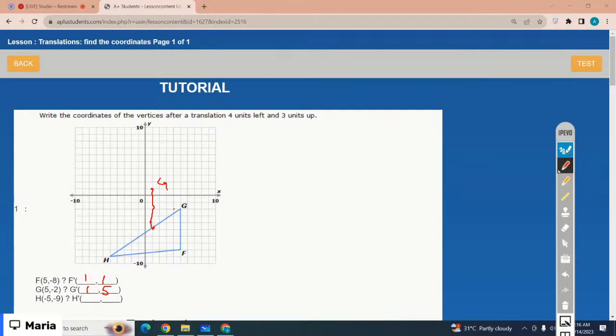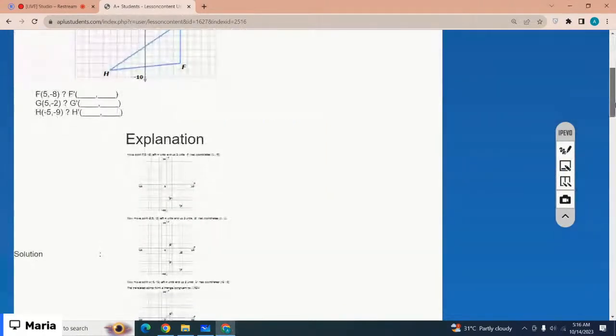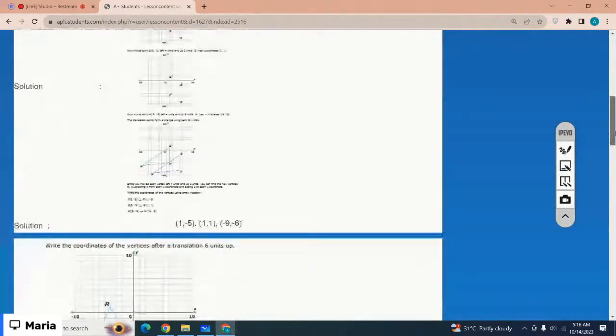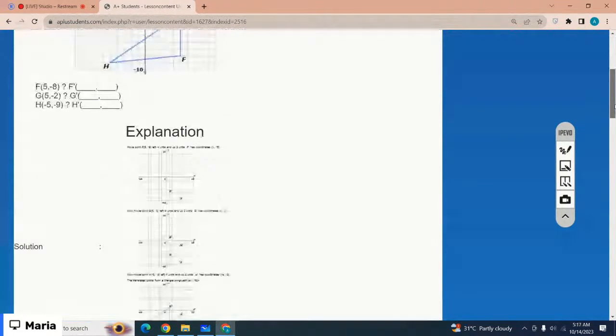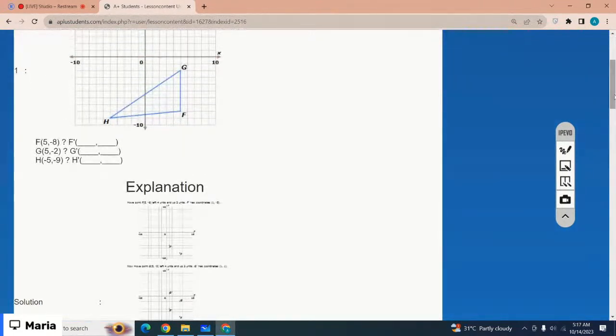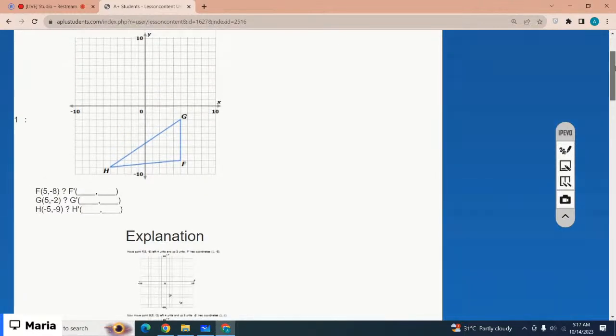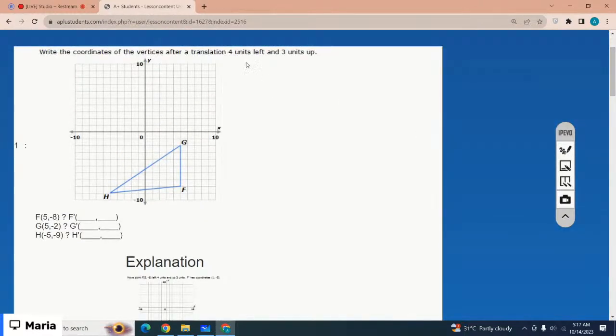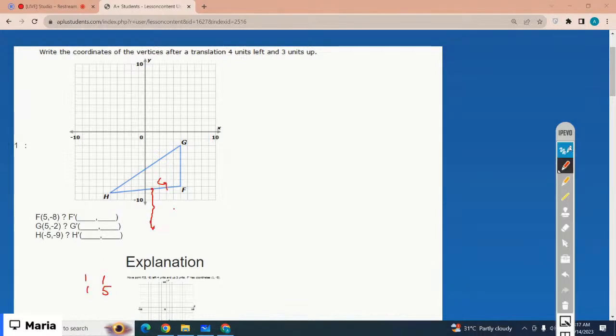Okay, I can't make the exact points here, right? That would be just, okay, let me just calculate the coordinates. 4 units left and 3 units up, right? 4 units left.